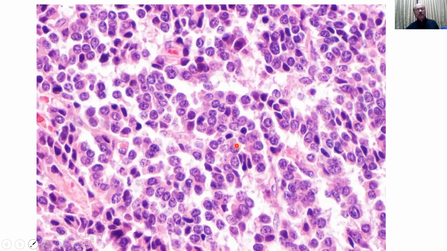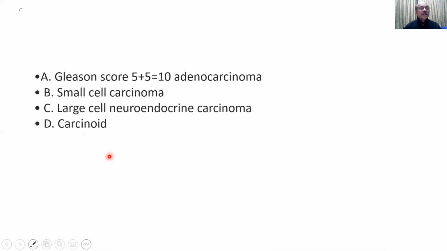Here, in the high power view, there are no prominent nucleoli, and they look like salt and pepper chromatin. So here the choices are Gleason score 5+5, 10 adenocarcinoma, small cell carcinoma, large cell neuroendocrine carcinoma, and carcinoid. So these are the choices.